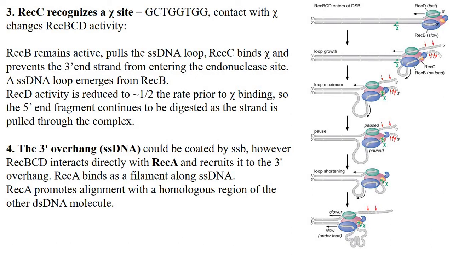This RecA is a central protein in recombination, because it's not only a single-stranded binding protein, but it is also a strand exchange protein. So this RecA will promote alignment with the homologous region of the double-stranded DNA molecule, and it will help with the exchange of the strands.